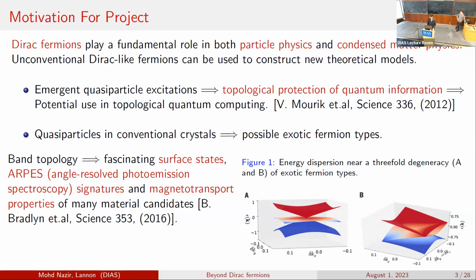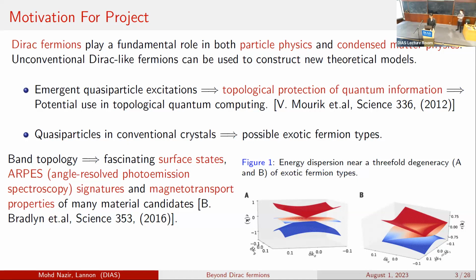But the second point is perhaps the investigation that sparked this entire project, which was the quasi-particles in conventional crystals, because the emergent quasi-particles that were to be discovered in these condensed matter systems were exotic fermion types, which lied outside of the three classifications of fermions in quantum field theory, because in condensed matter systems, there is a key distinction between relativistic fermions and fermions in condensed matter systems.